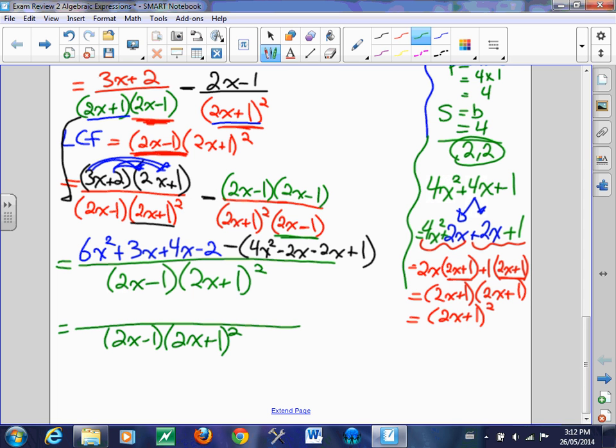And we're going to collect like terms in the beginning here: 6x squared plus 7x minus 2. I don't mind if you go right away to that. That's what I did myself. And then collect like terms inside the bracket first. So it's going to be 4x squared minus 4x plus 1.